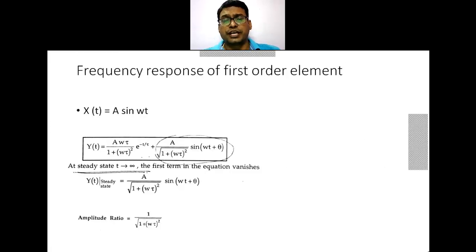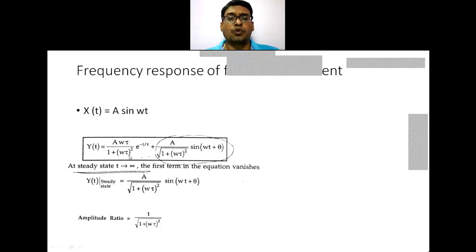However, we have already studied the forcing function, in which we calculated the response y(t) equal to A omega tau upon 1 plus omega squared tau squared, e raised to minus t upon tau, plus A upon under root of 1 plus omega squared tau squared, into sine of omega t plus theta.